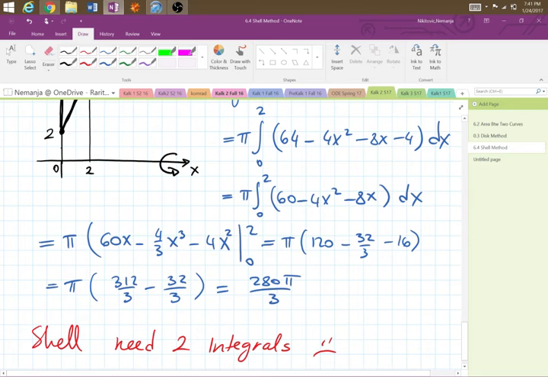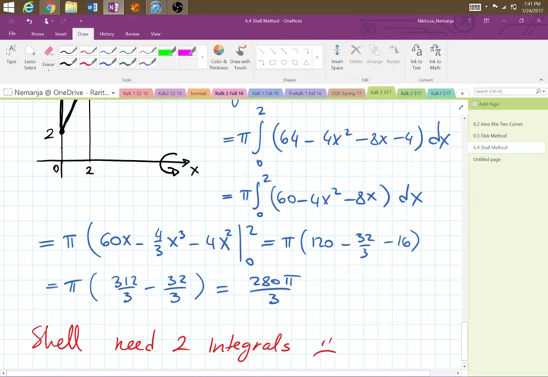So y minus 2 is equal to 2x, from where x is equal to 1/2 y minus 1. dy, that's the first one, plus 2 pi, second one is 6 to 8.